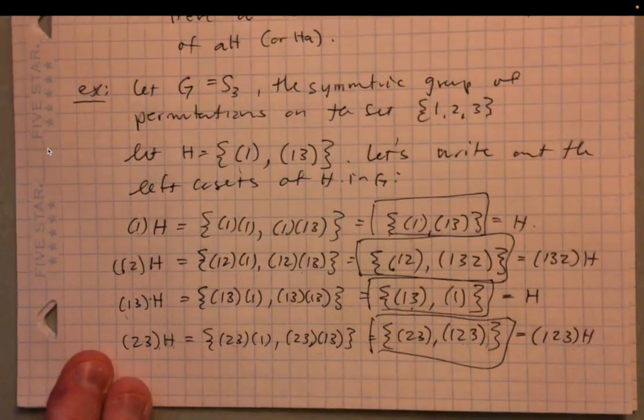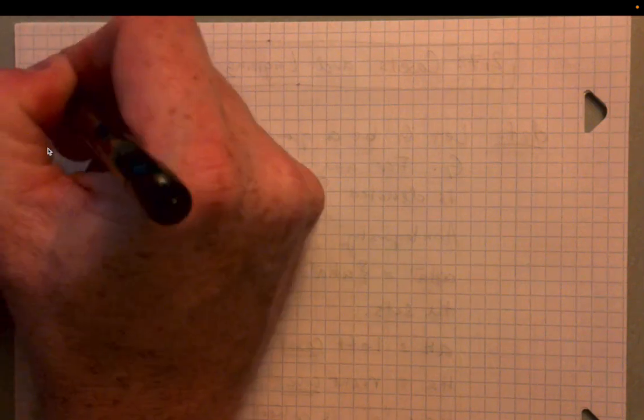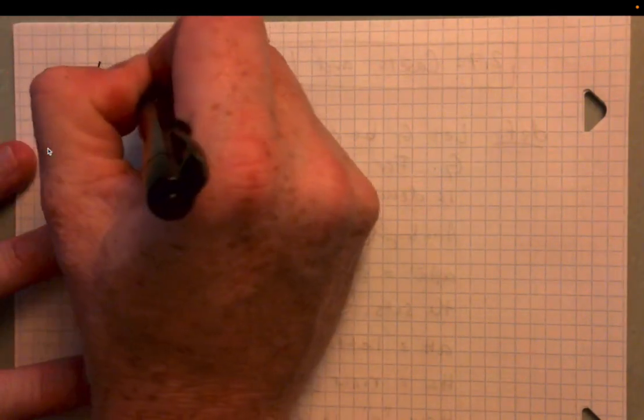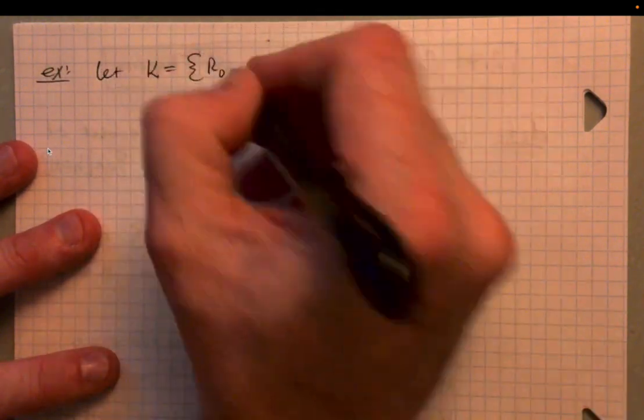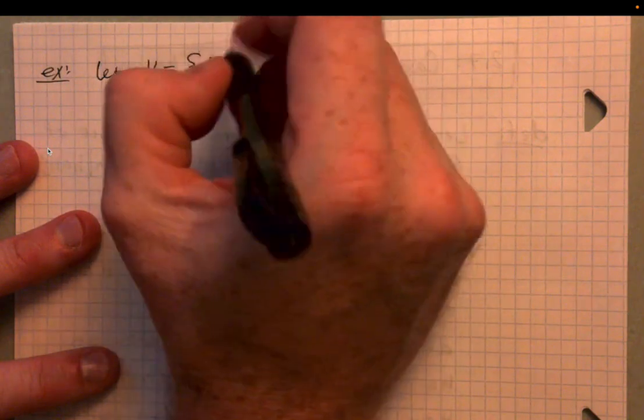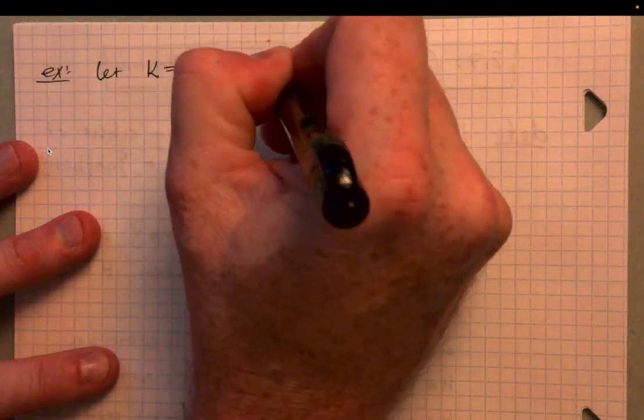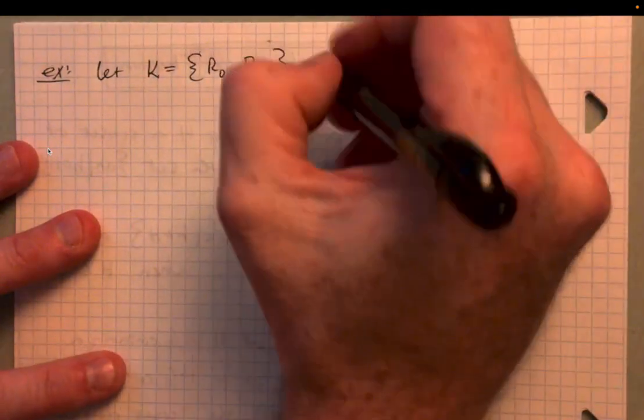Let's look at another example. Okay, here we're going to talk about the dihedral group. So let's let K equal the 0-degree rotation and the 180-degree rotation in D4.